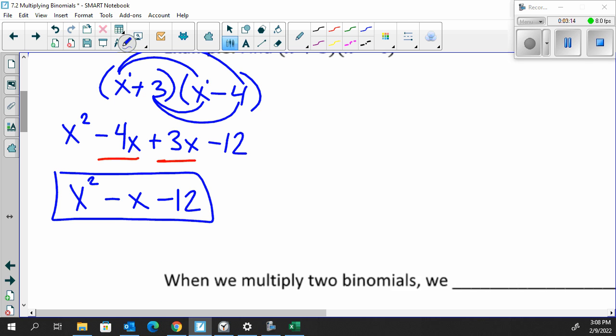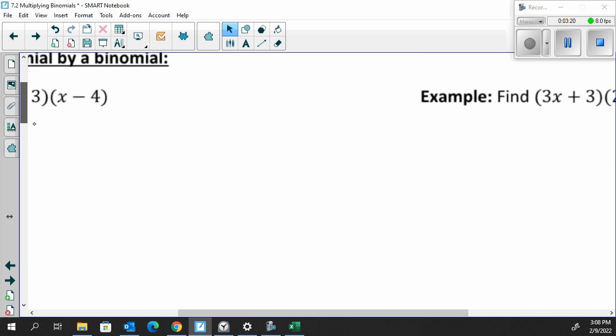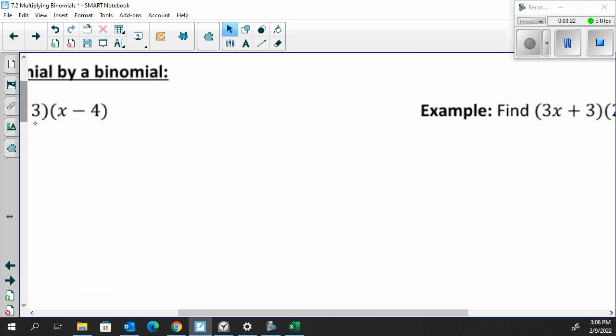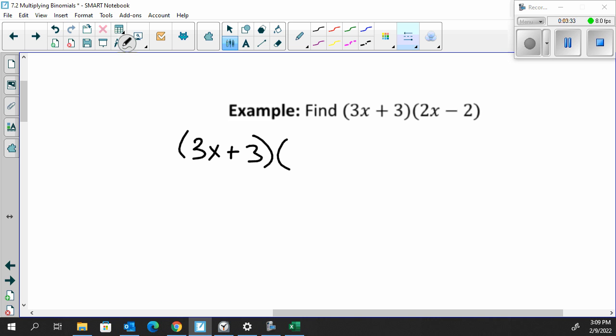Okay. Let's do another one. And then I'll let you guys try some. We'll do this one. Got a little bit more going on. 3x plus 3 times 2x minus 2. So again, it's two things that both have two pieces. So that means I need to do this double distributing thing.